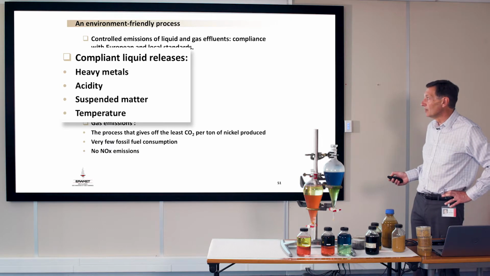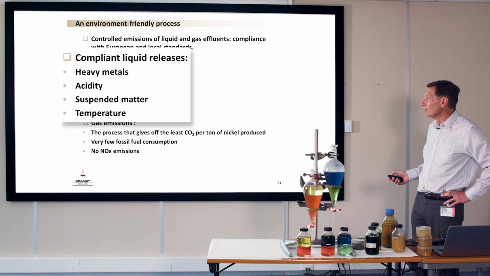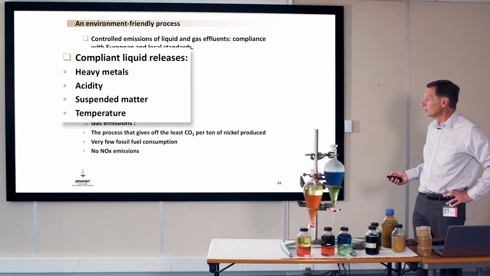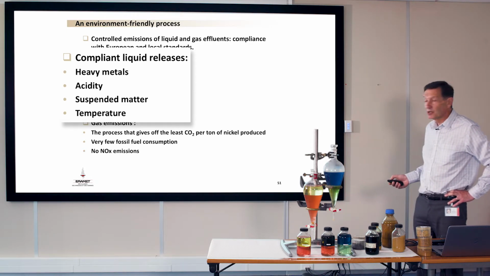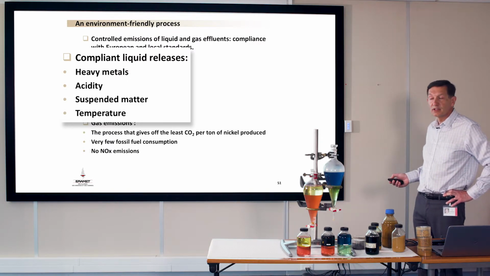You have to have very, very low metal content, lower than 0.1 milligram per liter, acidity between pH 6 and pH 8, very low content of suspended matter, lower than 10 milligram per liter, and a temperature difference with the sea lower than 10 degrees.